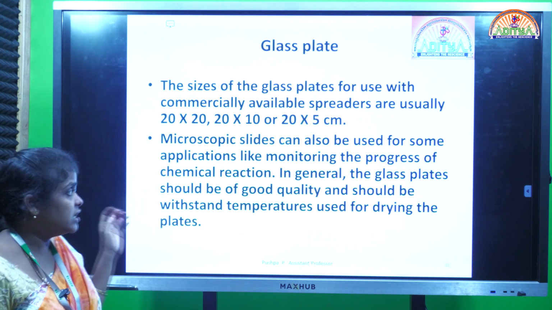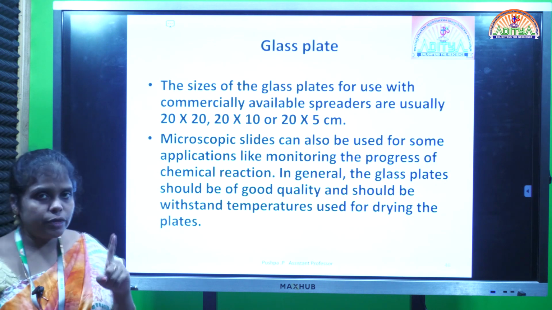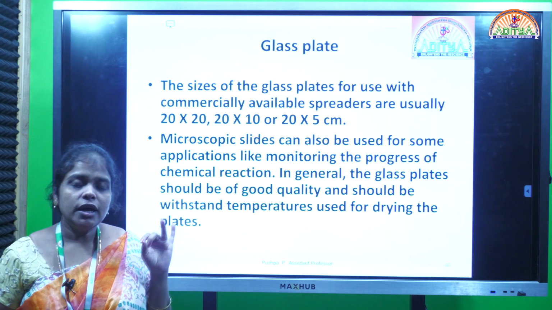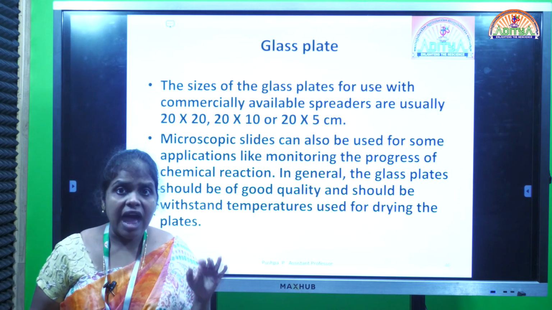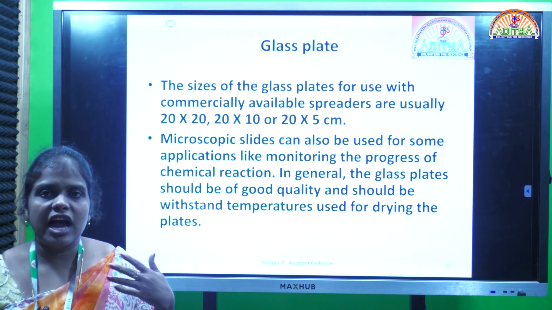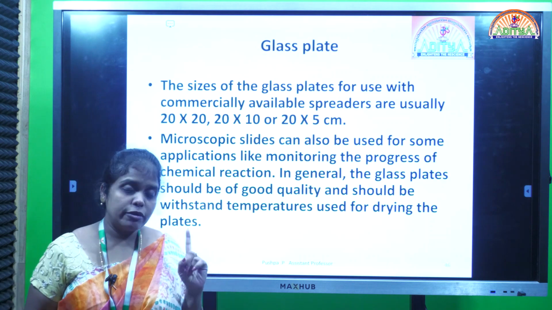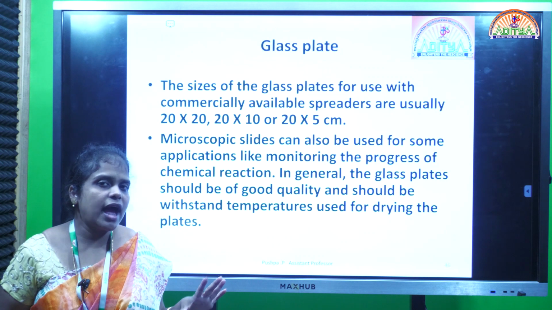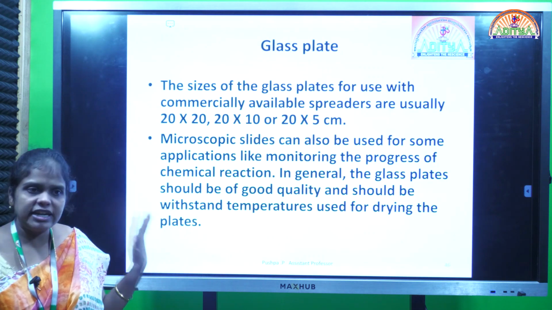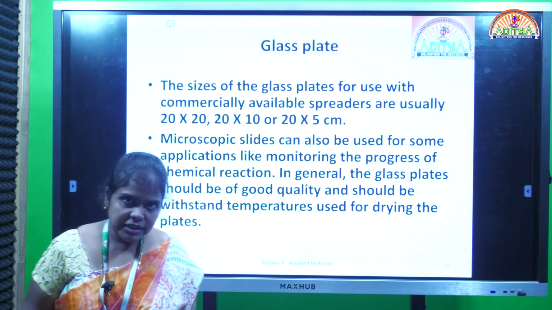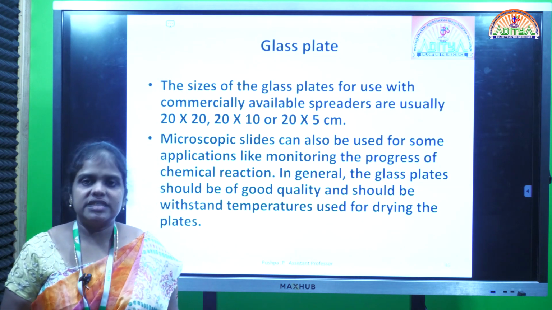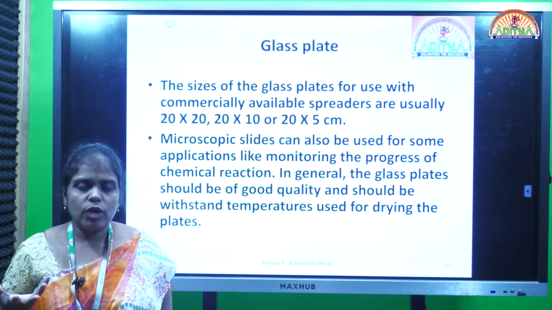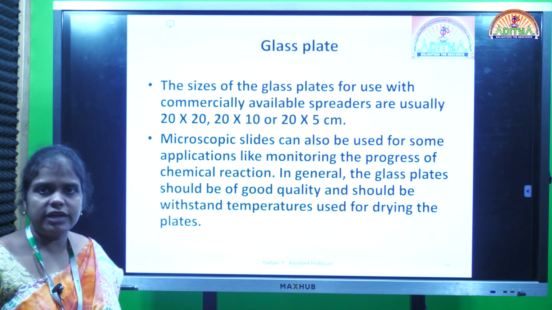The glass plates we take should be of good, high quality, because they should be inert and highly durable. One of the most important things is that they should withstand high temperature conditions, because we will dry the plate after applying the slurry. So it should not be fragile or breakable. We have to take a high quality TLC glass plate.